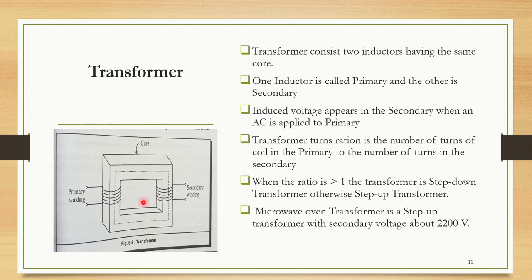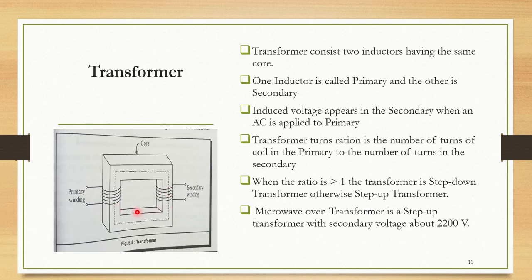So 2 means more than 1. When the ratio is more than 1, the voltage generated here will be less. That's why it is called a step down transformer. In a step down transformer, the primary winding is more than the secondary winding.